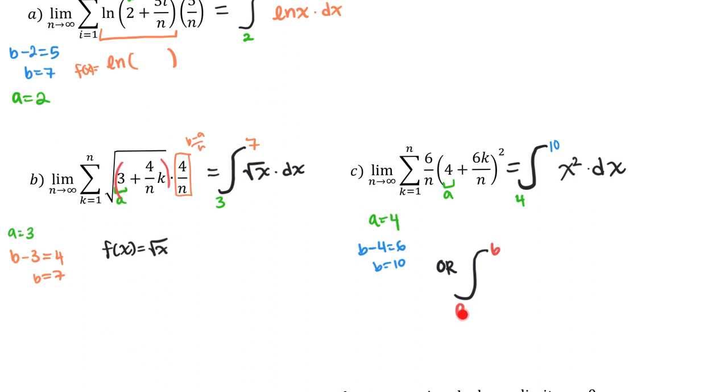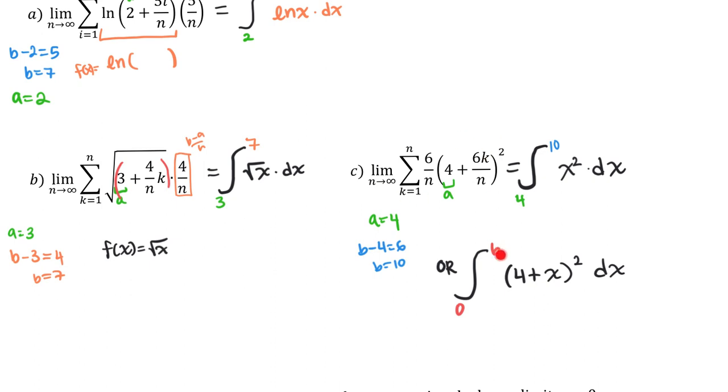If I do this, a is now 0, so I'm doing 0 plus b minus a over n times k, which is really just 6 over n times k. So if I plug in 6k over n, I'm doing 4 plus 6k over n, and then I'm squaring it. So this would mean that my function is 4 plus x, and then I squared it. Okay, I'm going to look at this and see that this is actually representing the same summation.